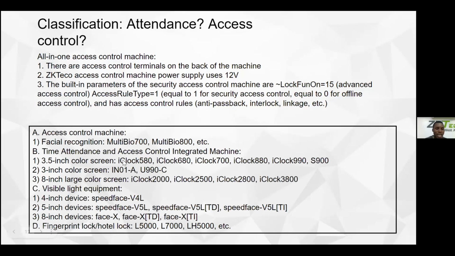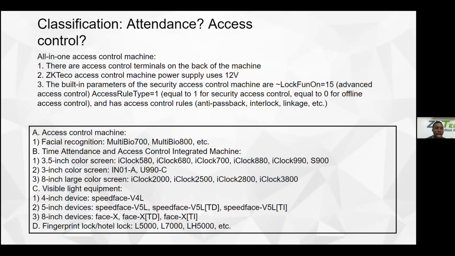Okay, so among our access control machines, we have access control for facial recognition, examples being the MultiBio 700 and MultiBio 800. We have time attendance and access control integrated machines. These integrated machines can work for both access control and time and attendance.